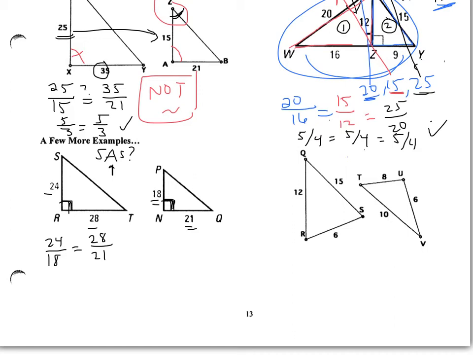Now let's simplify. 24 over 18, if I divide both by 6, I get 4 thirds. 28 over 21, if I divide both by 7, I get 4 thirds. These are equal, so my sides are proportional. So yes, my triangles are similar. I can say triangle SRT is similar to triangle PQ by SAS similarity.